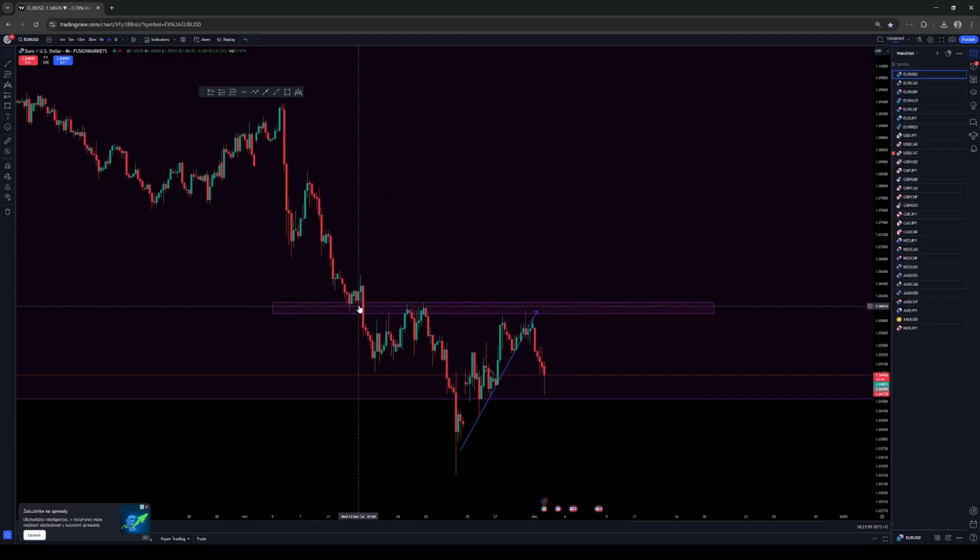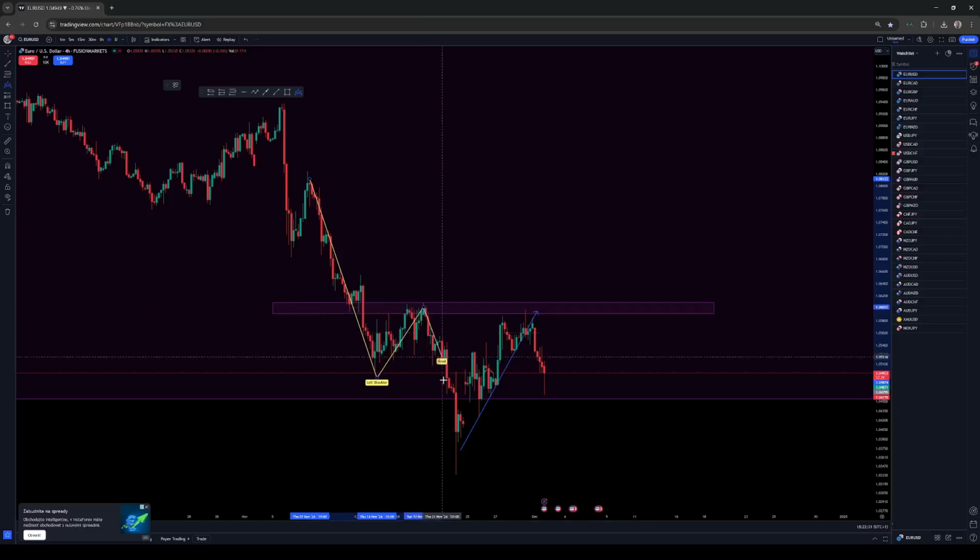Here's the support level, which becomes resistance, and now we also just hit the same spot, which then retraces back to the downside. And now there is also a pretty significant rejection, which we'll see once this one closes. But in my eyes, it looks like there might be a head and shoulders pattern formed over here.